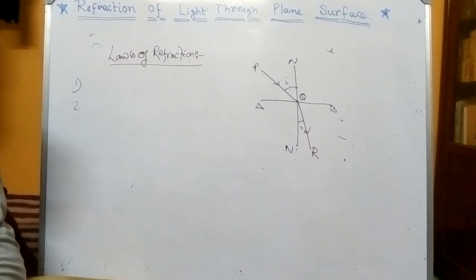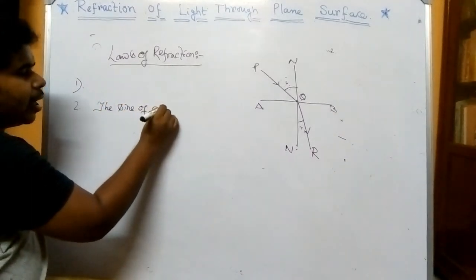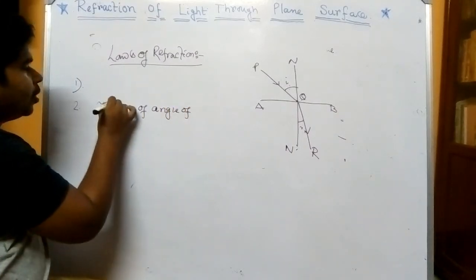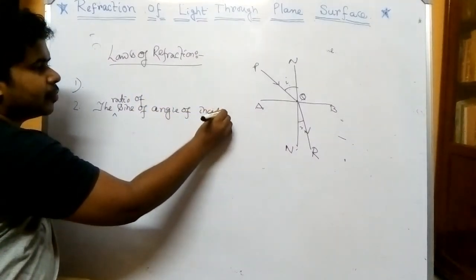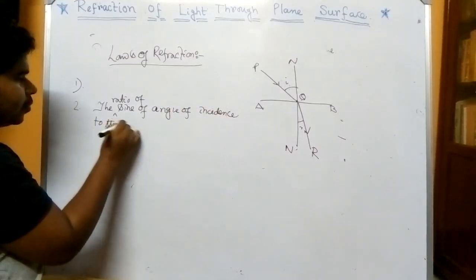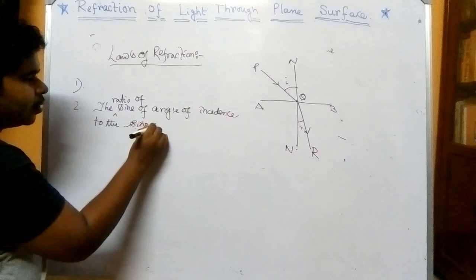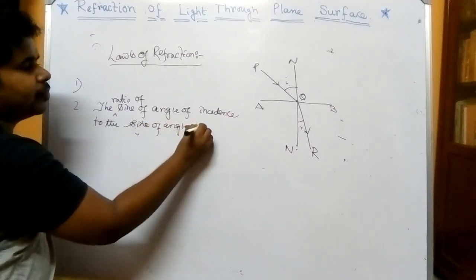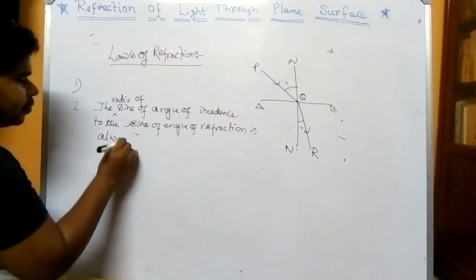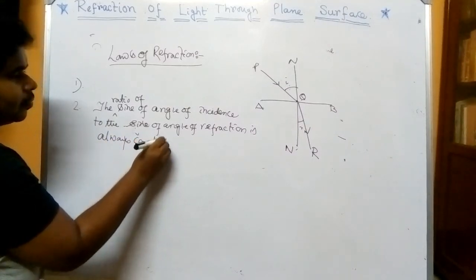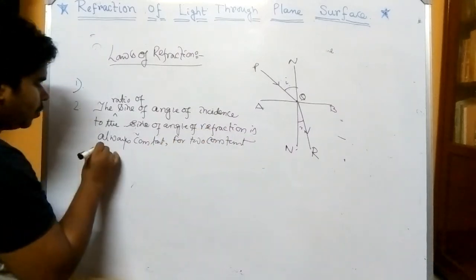Number two, which is very important. The number two is: the ratio of the sine of the angle of incidence to the sine of the angle of refraction is always constant for two given mediums.